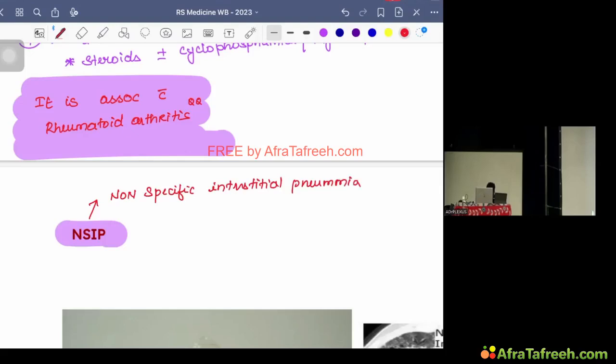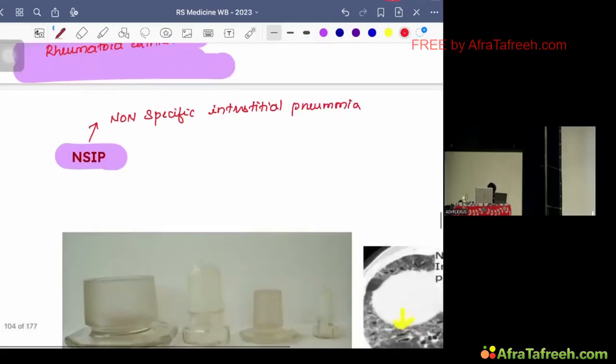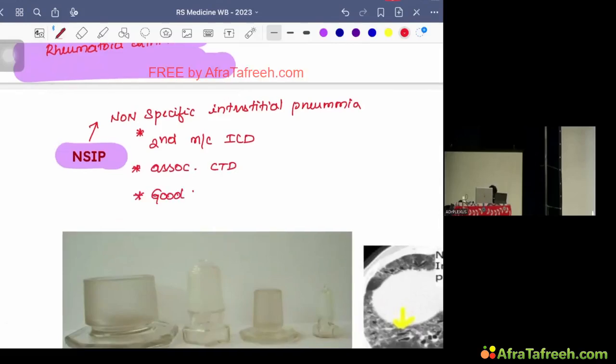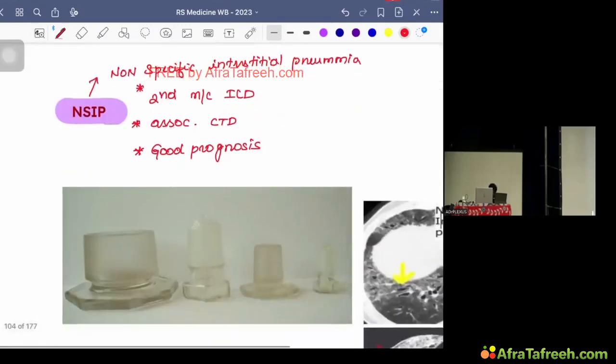This is the second most common interstitial lung disease, and it is associated with connective tissue disorder. As such, this condition has a good prognosis. The investigation you are going to do is HRCT.